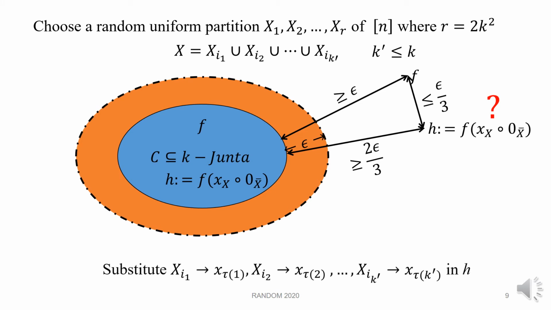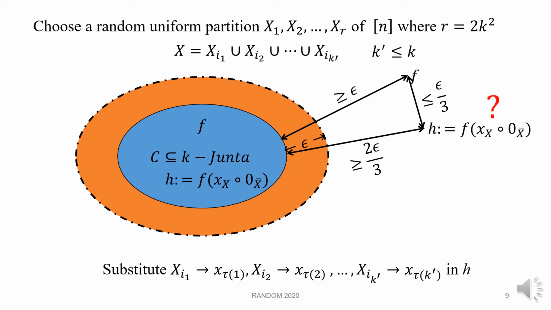Now in the second stage, the tester substitutes in all the variables of each relevant set the variable that is relevant in this set. So, for example, if tau1 is the relevant coordinate in xi1, then the tester substitutes the variable x tau1 in all the variables of xi1. Okay, now wait a minute.